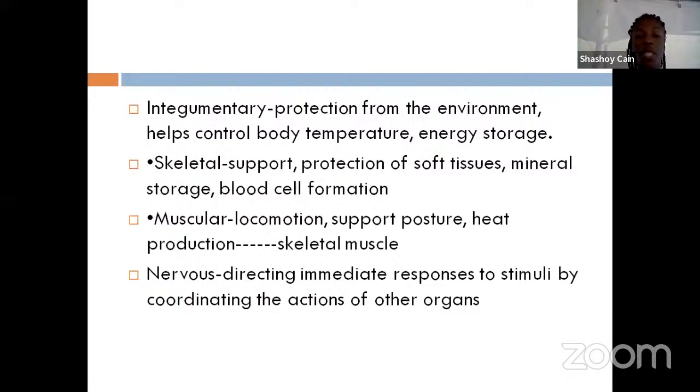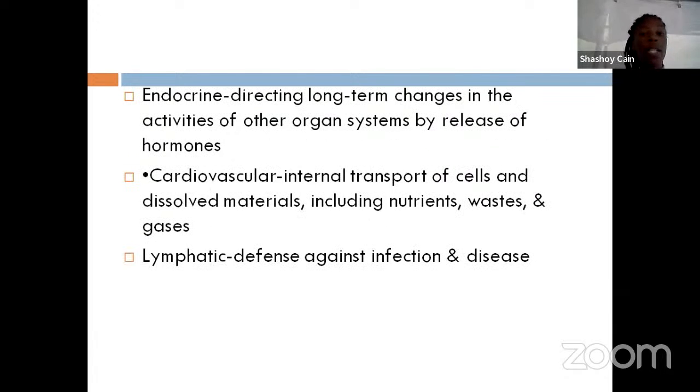And we know the nervous system directs immediate response to stimuli by coordinating the actions of other organs, right? Impulses. And the endocrine system directs long-term changes in the activities of other organ systems by release of hormones. So the endocrine system deals with the hormones, right?